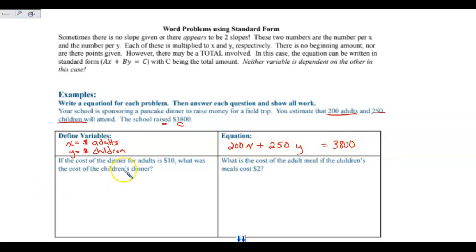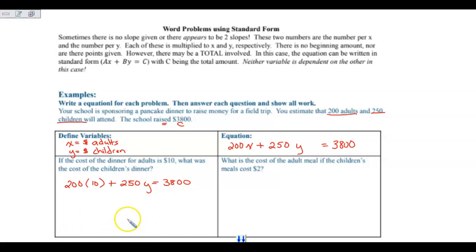If the cost of the dinner for adults is $10, what is the cost for the children's dinner? Well, adults was our x, so we're going to replace x with 10. So we have 200 times 10 plus 250y equals 3,800.